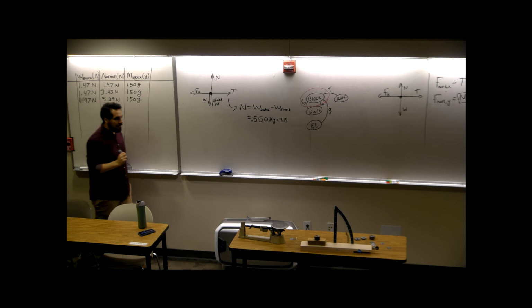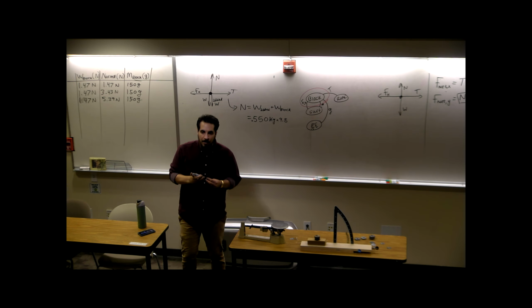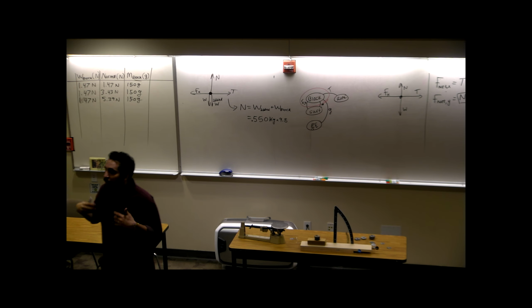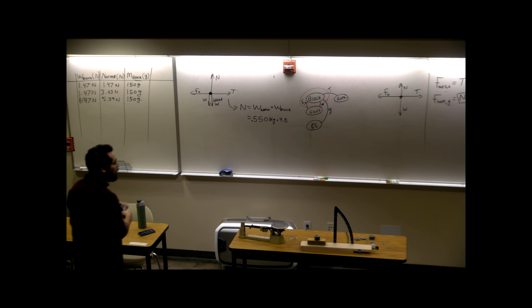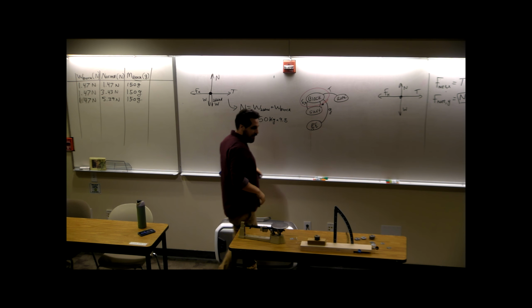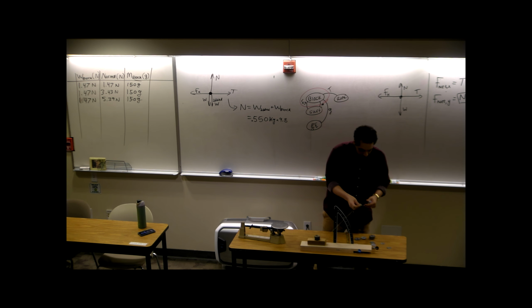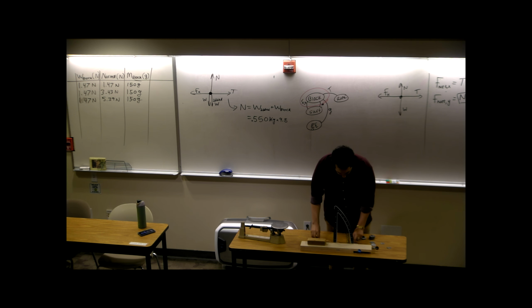Newtons. Again, as we add mass, we are not changing the weight of the block, we are changing the normal force. By adding mass, we change the normal force. And that is key to this experiment that we are going to undertake.